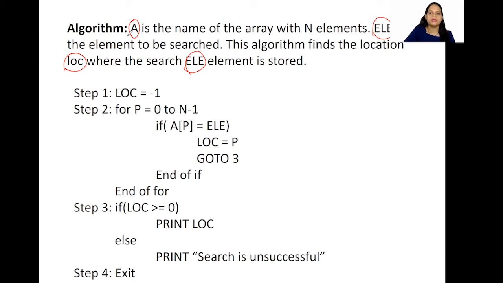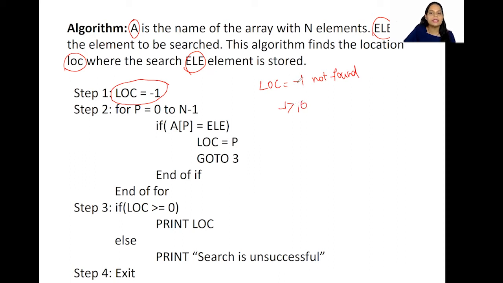See here, the first step is initializing the value of LOC as -1. Why are we doing this? So that at the end, when we finish searching, if the LOC value is still -1, we can tell that we have not found the element. If the value is more than -1, even if it is 0, because our indexes always start with 0, then we have found the element.